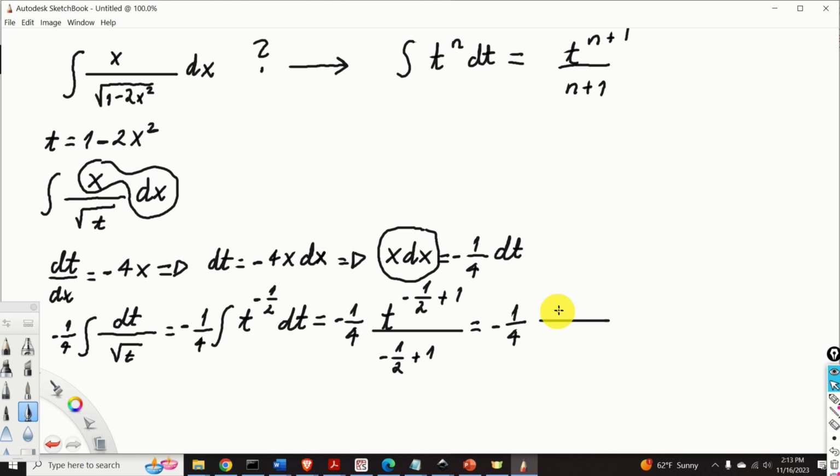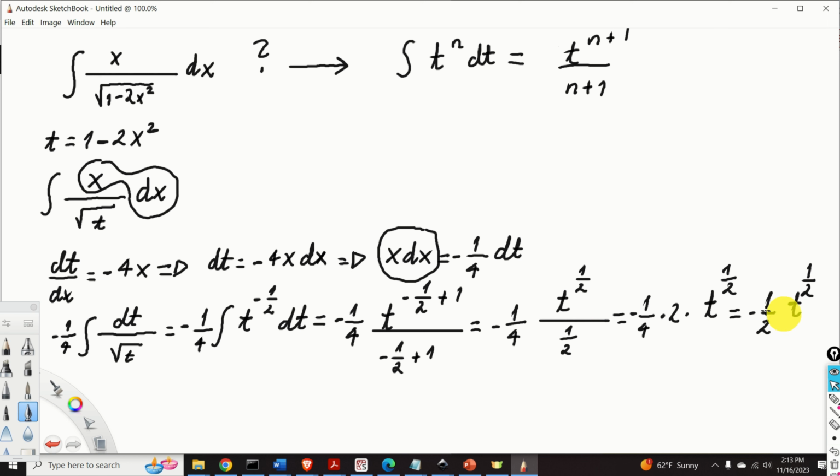In the numerator, we have obviously t to the power 1 over 2, and over here we have 1 over 2. Now, this 1 over 2 becomes 2 over here, and consequently we have minus 1 over 4 multiplying 2 multiplying t to the power 1 over 2. And this finally becomes minus 1 over 2 t to the power 1 over 2.